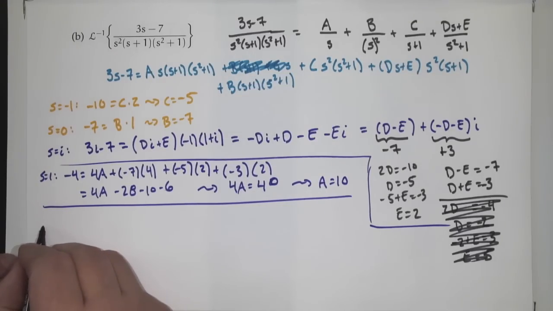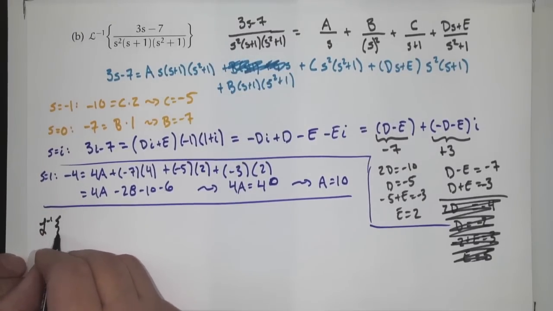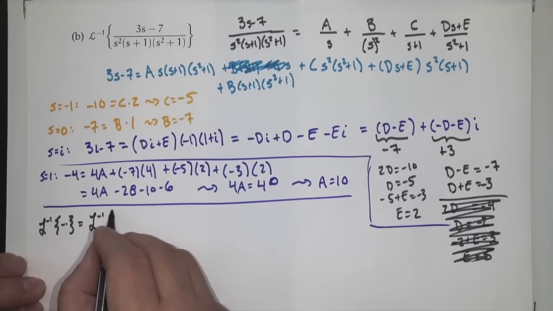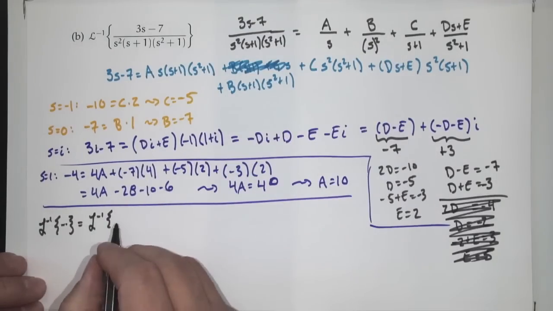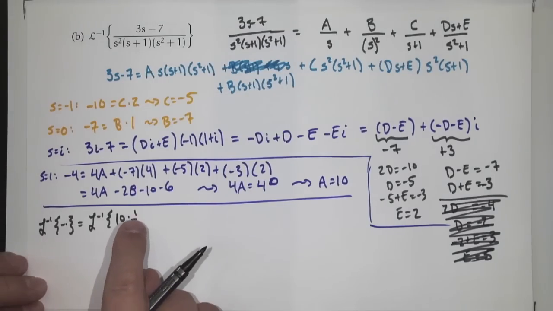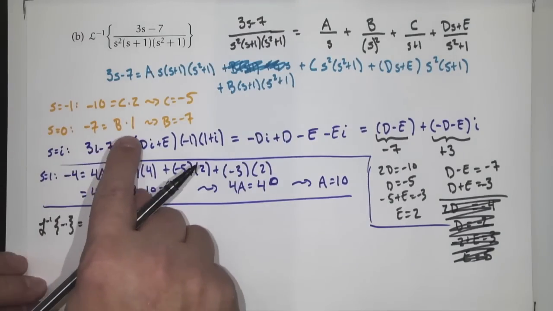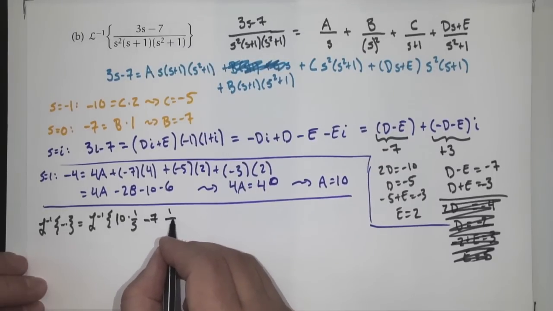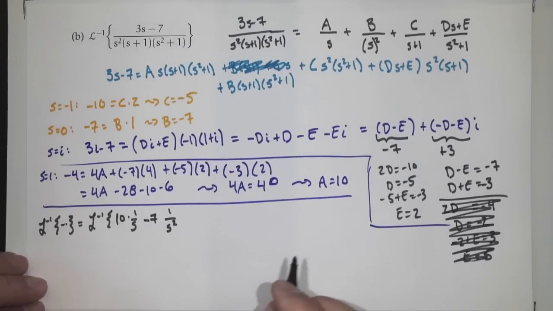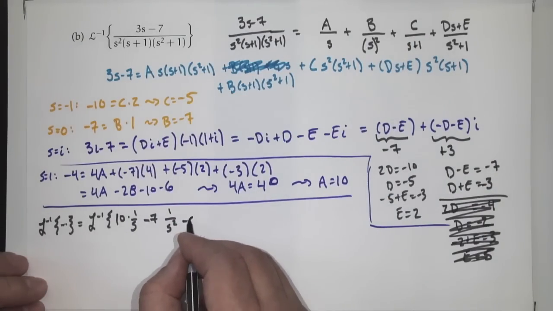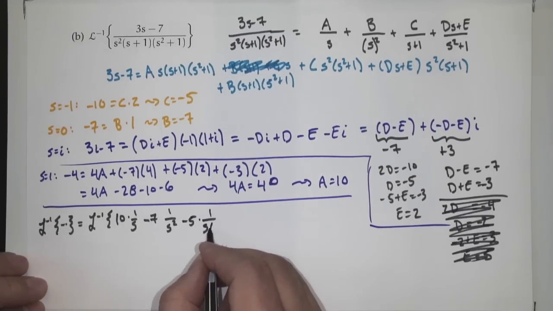So the original problem, Laplace inverse of what we started with, is equal to the Laplace inverse of 10 times 1 over s. And then we're going to have our b, negative 7, 1 over s squared. Then we're going to have our c, which is negative 5, 1 over s plus 1.